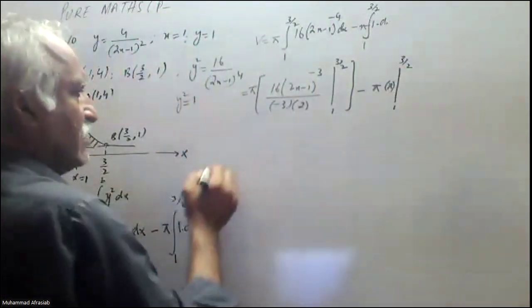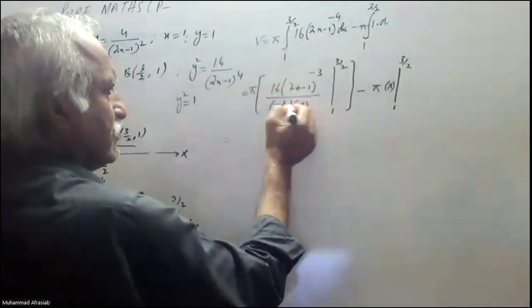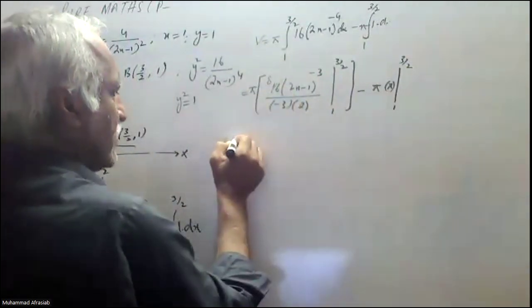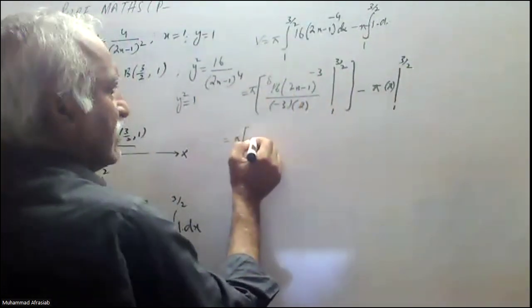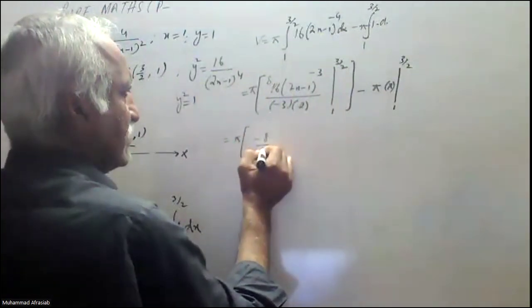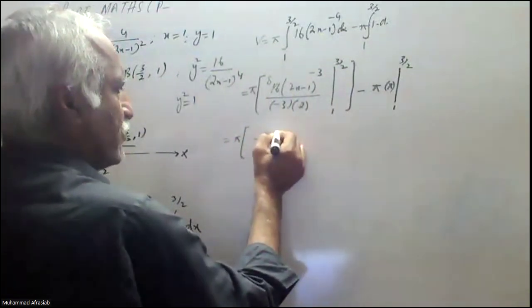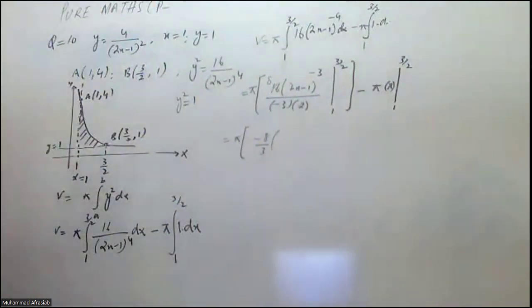So this will be equal to pi into minus 8 over 3. And now you put the limits on this portion.